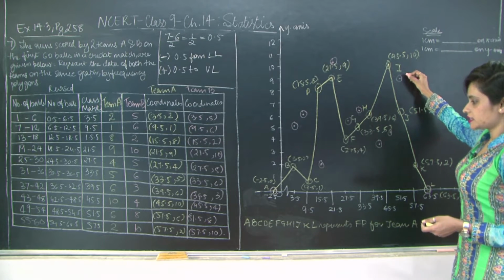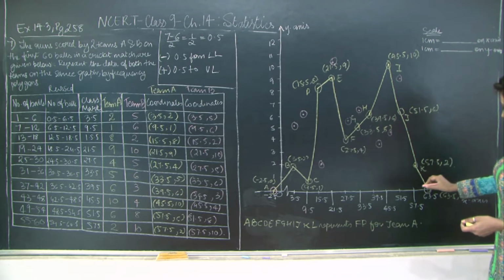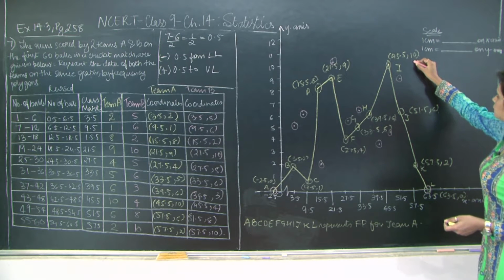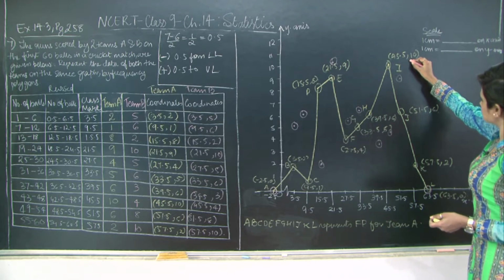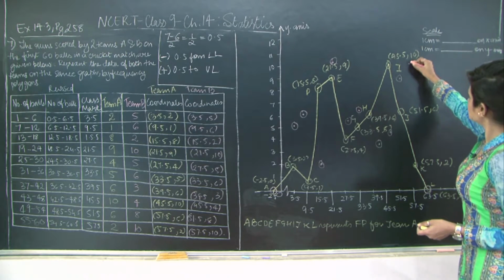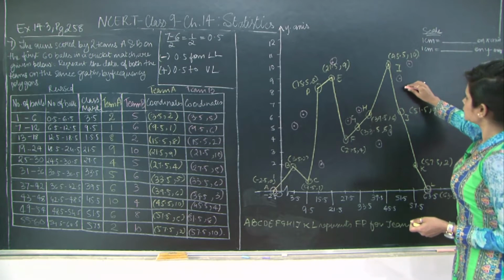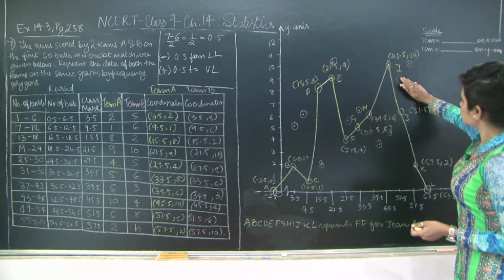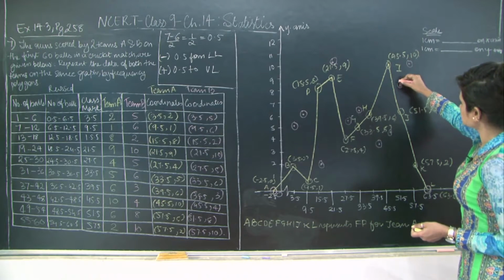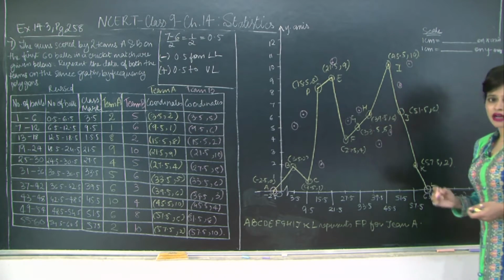Then there is 57.5 comma 10, which will be here. This was 8 here. So let's mark down these coordinates.